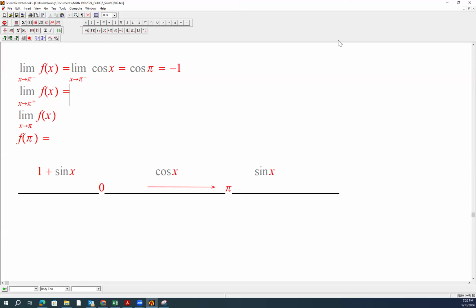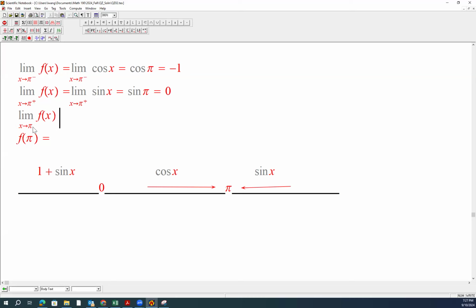And when x is approaching pi from larger than pi, this rule, sine x, will be the rule. So our next step for this piece is going to be sine x. Direct substitution, sine of pi is 0. So the limit from left to pi and limit from right to pi are not the same.